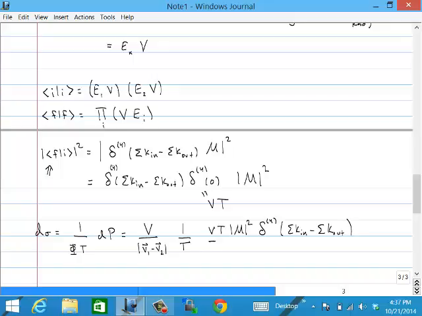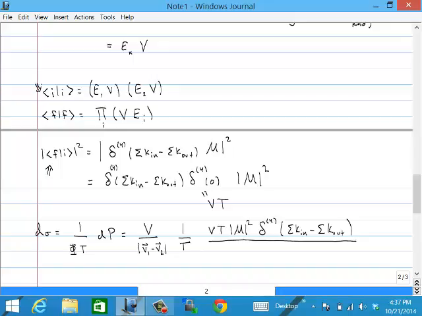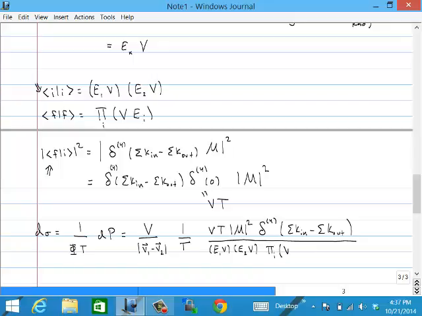And then we need to divide by the appropriate normalization factors. So we need to divide by the norm of the initial and final states so that everything is normalized appropriately. And so we get an E1 times V, an E2 times V, and then a product over all of the final states of V Ei.